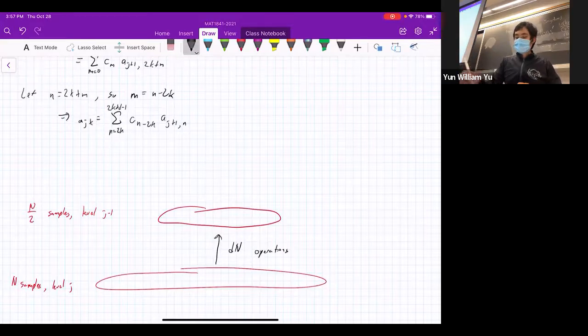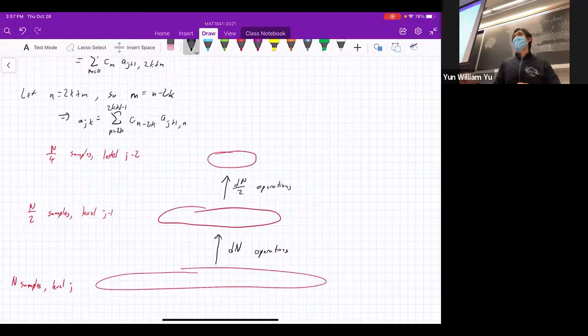But what happens when you want to go up to the next higher level? Let's say this is n over 4 samples, level j minus 2. Well, then it takes dn over 2 operations. And so on, going up, that's dn over 4 operations, dot, dot, dot.